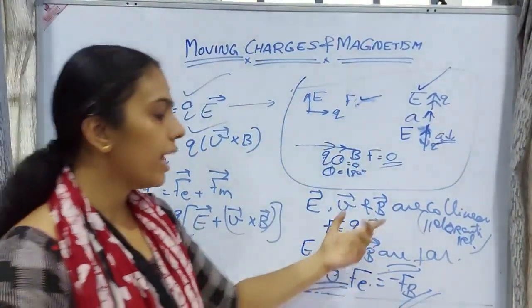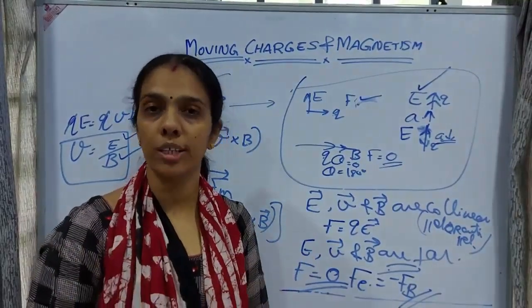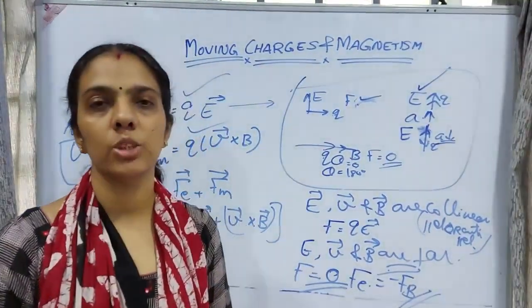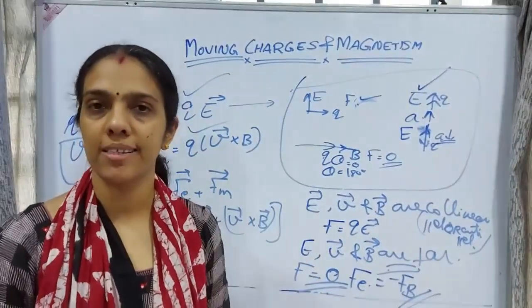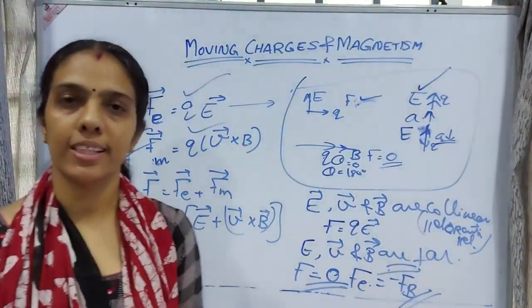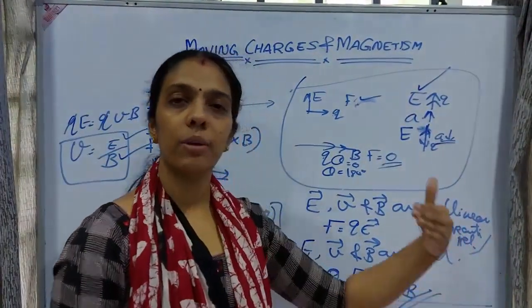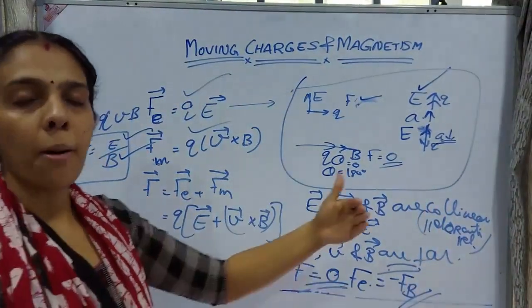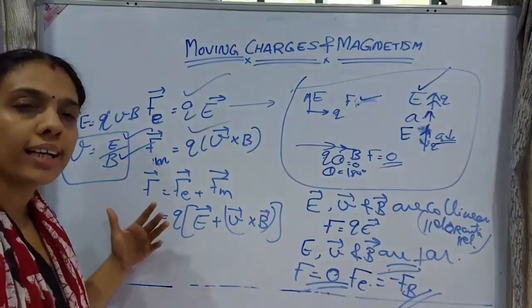So if E, B, V are mutually perpendicular to each other, the net force acting on it will be equal to 0. That is, acceleration is not present. The particle will be moving with a uniform velocity. The force due to the electric field is equal and opposite to the force due to the magnetic field, so there is no acceleration.